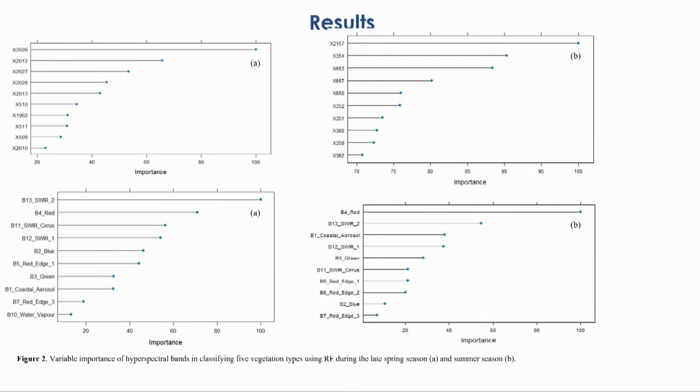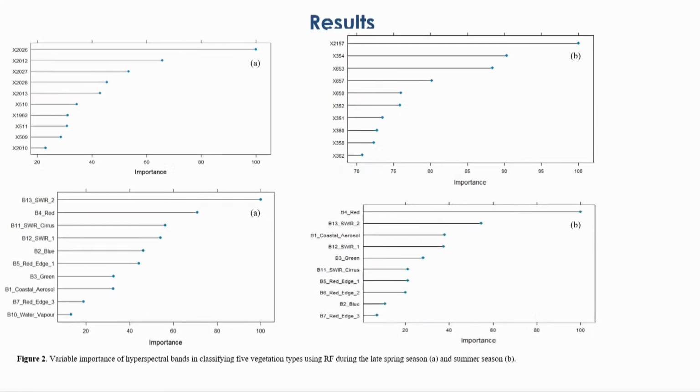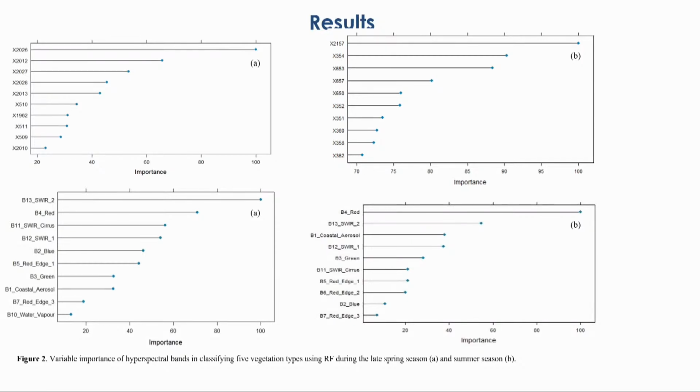Here, these results show important bands when classifying Vachellia karoo from cohabiting vegetation. From these graphs, we can deduce that when we were using spring data, the most important band in classifying was found in different regions of spectral data. In these particular results, we're reporting on the bands in the shortwave infrared region.